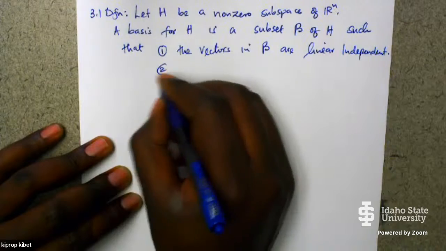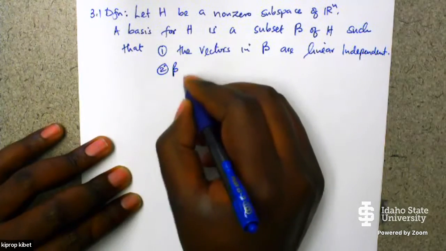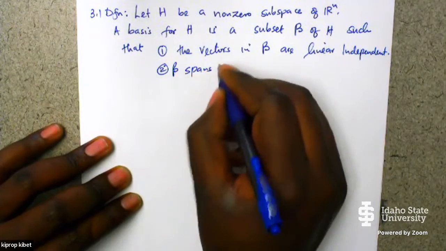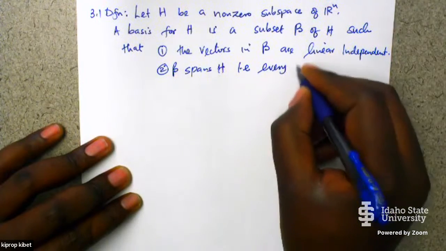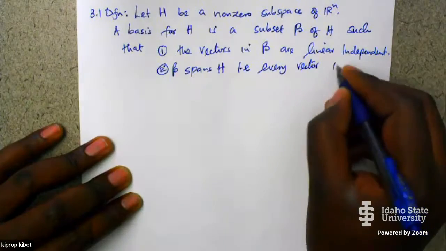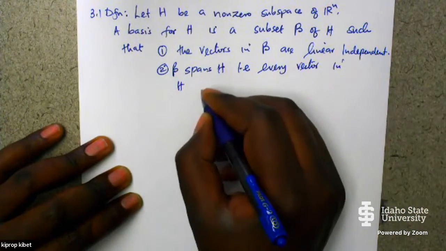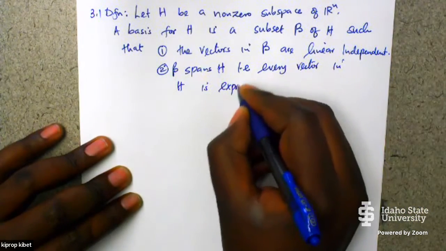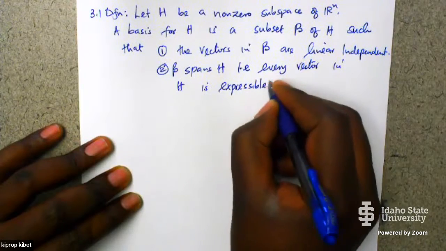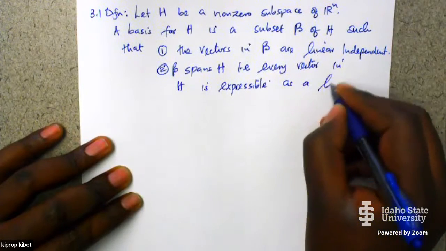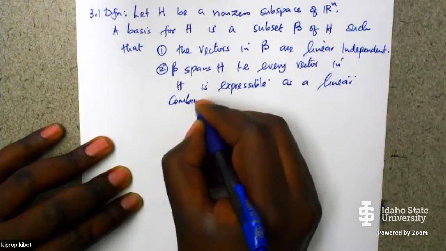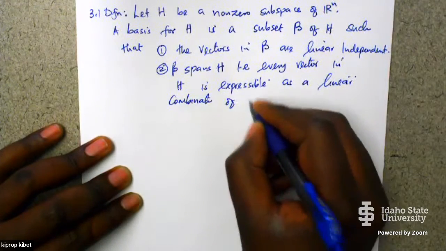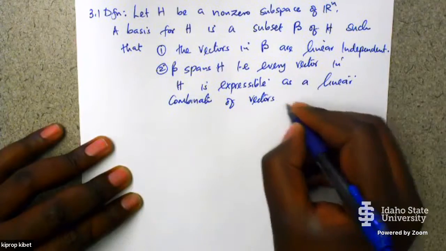Number two, beta spans H, i.e., every vector in H is expressible as a linear combination of vectors in beta.